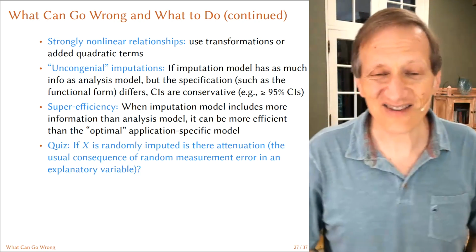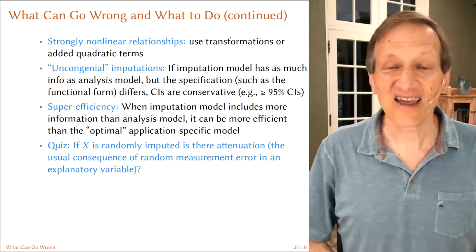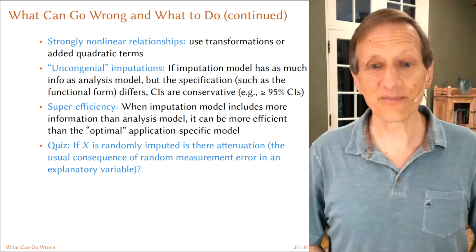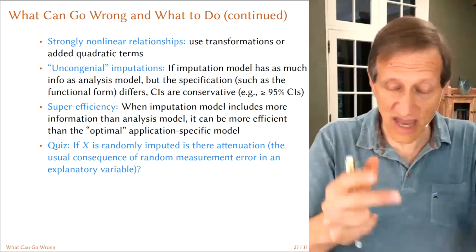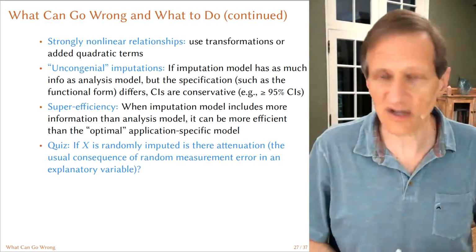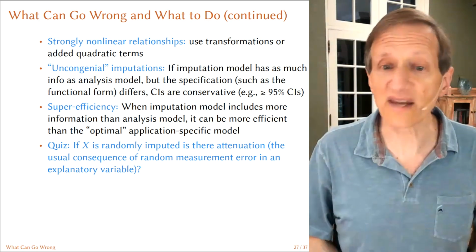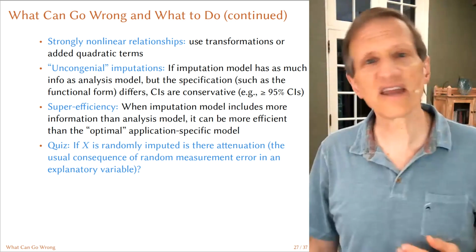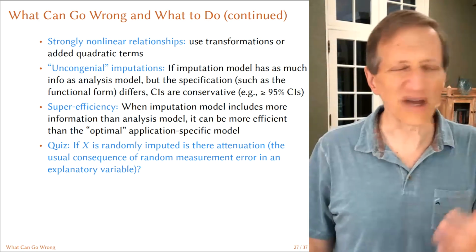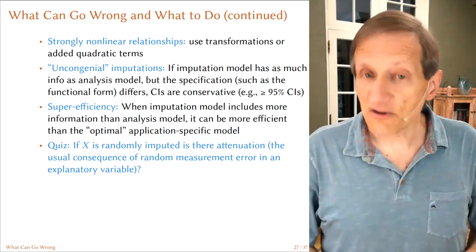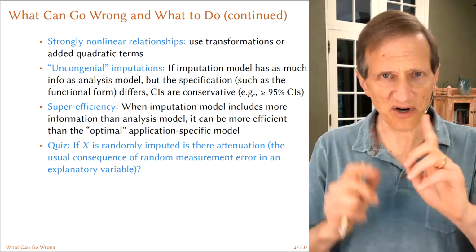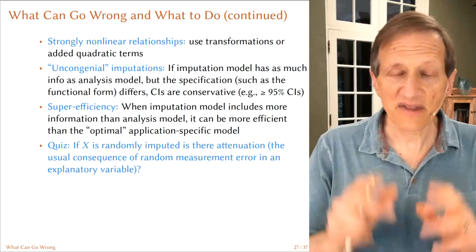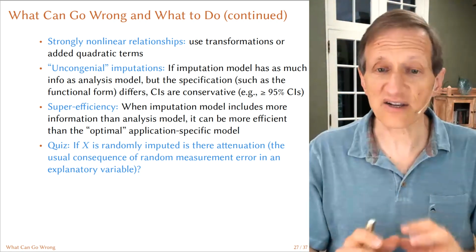Okay. So here's a little quiz for you. Just think about things. If X is randomly imputed, of course, right? Because it's MAR, randomly imputed conditional upon the X's, but there's still randomness in there. Is there attenuation? Now, what do I mean by that? Well, if you run a linear regression on one explanatory variable, and that one explanatory variable has random measurement error, then the coefficient on that variable is biased towards 0.